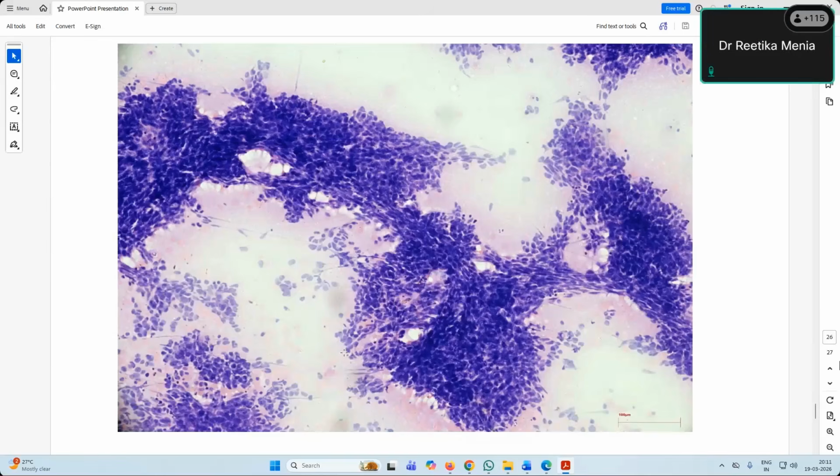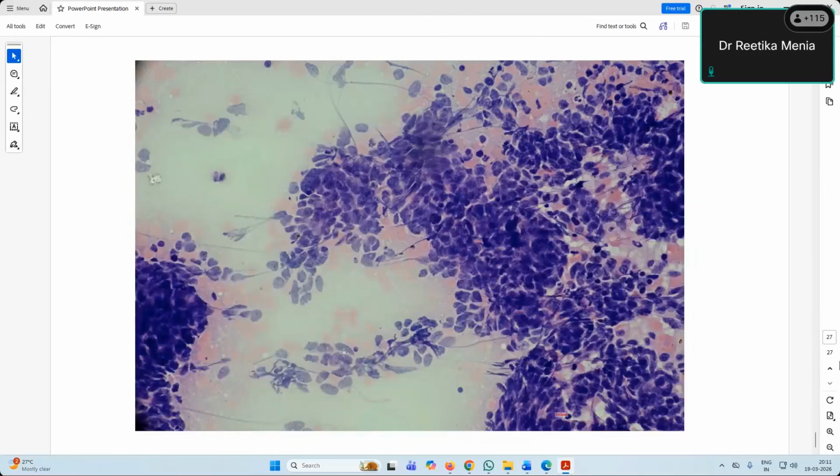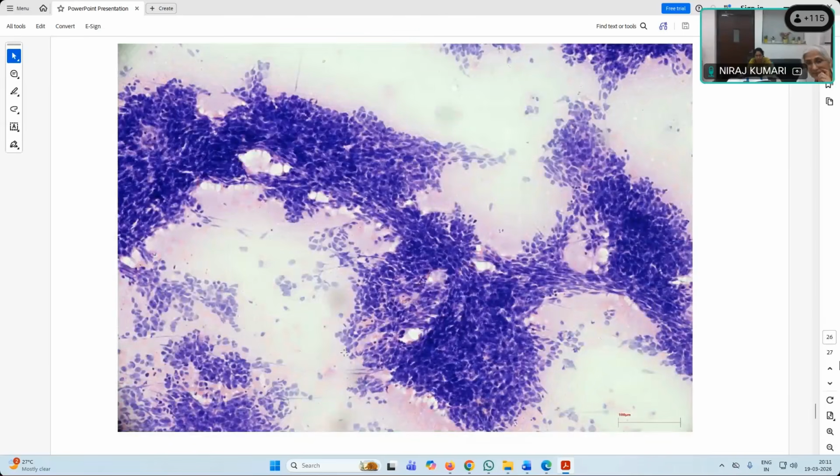Ma'am, Dhruv is asking, could the last case be a lymphoma? See the cohesiveness. Also, no lymphoglandular bodies in the background, and then you see the cohesive structure, the arrangement. Lymphomas will again have some lymphoglandular bodies, as Dr. Shruti is saying, small blue cytoplasmic fragments in the background. We don't see that here. Sometimes lymphoma shows pseudo cohesion, but not to this extent. Here you see most of the clusters as cohesive clusters.